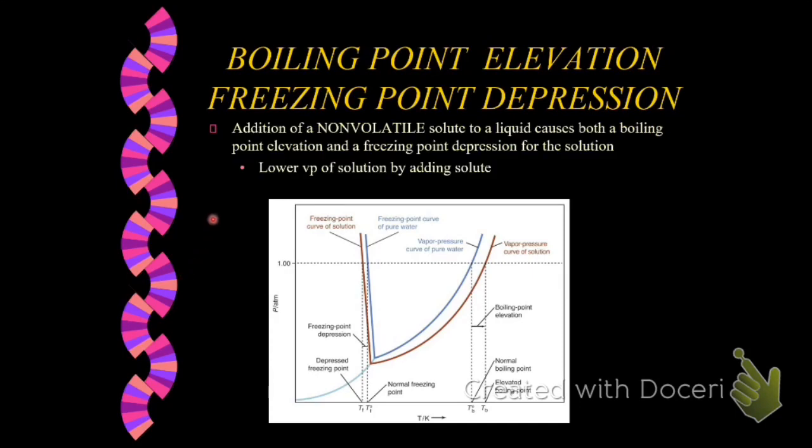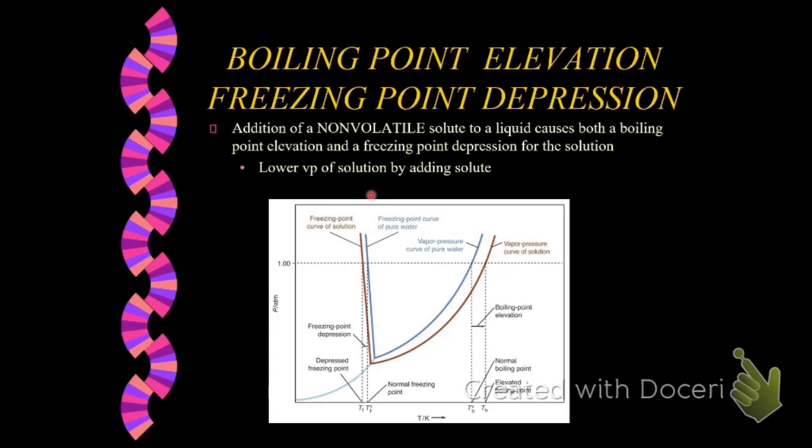So we are saying that addition of a non-volatile solute will cause the liquid to have a boiling point elevation or increase and a freezing point depression or drop in the solution, simply because in both cases the vapor pressure was lowered.